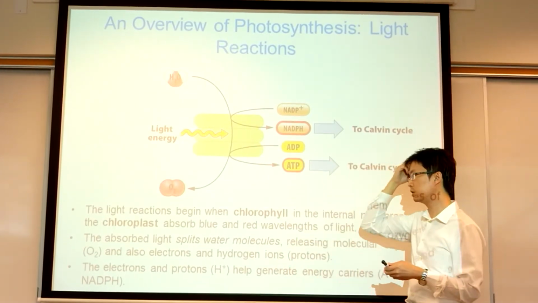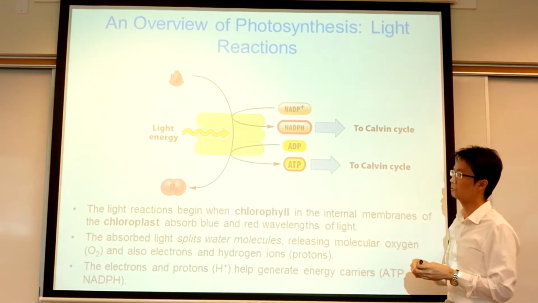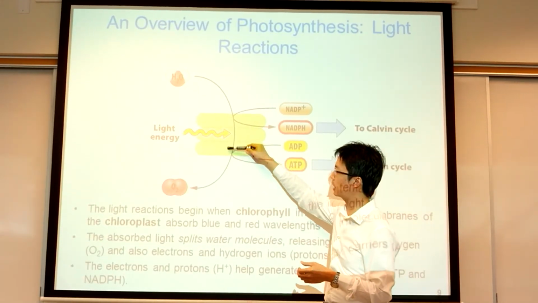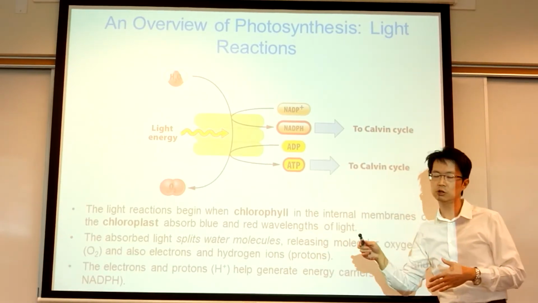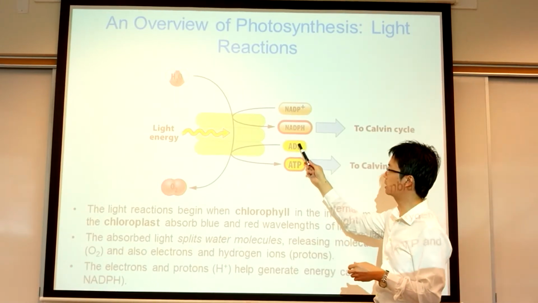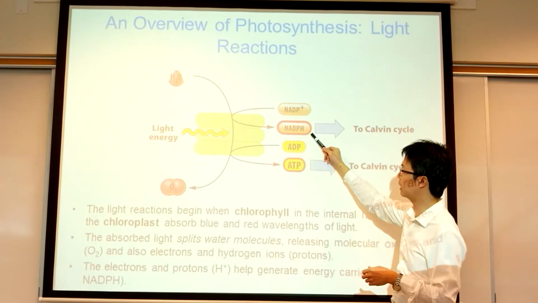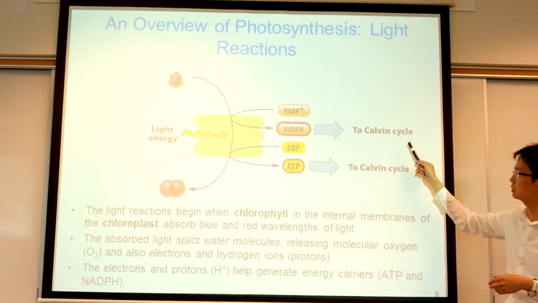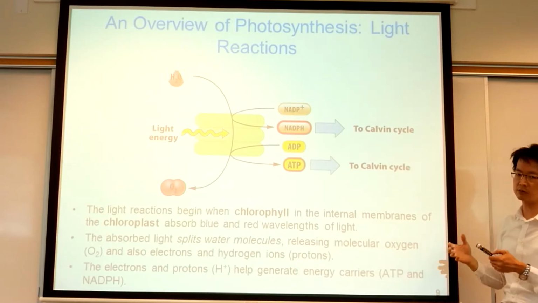And then the hydrogen ions will remain inside the thylakoid space, and then establish a hydrogen ion gradient, so that you will make the ATP and NADPH, and then the NADPH and ATP will go to the Calvin cycle as an energy source for the Calvin cycle to make glucose.